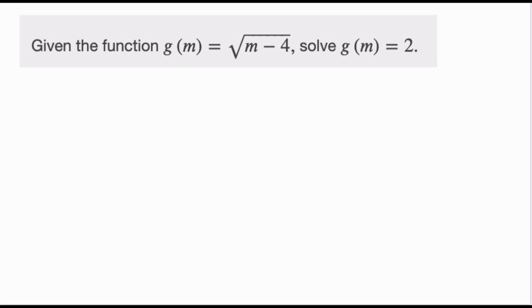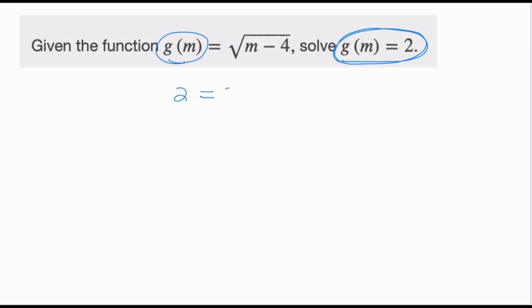Again, go ahead and pause this video to see if you can do this one by yourself. Given the function g of m equals the square root of m minus 4, solve g of m equals 2. Once again, they're giving me the actual output. So g of m right here is equal to 2.